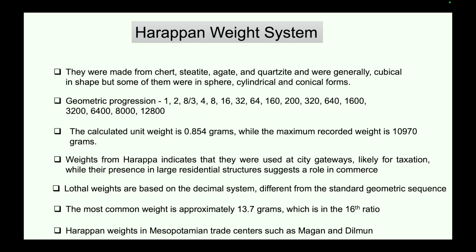Harappan weight system. These are also very important in understanding the calculation pattern of Harappan civilization. They were made from chert, steatite, agate, and quartzite and were generally cubical in shape, but some of them were in sphere, cylindrical, and conical forms.